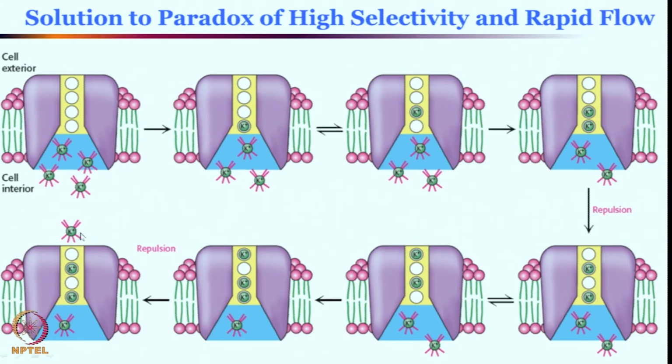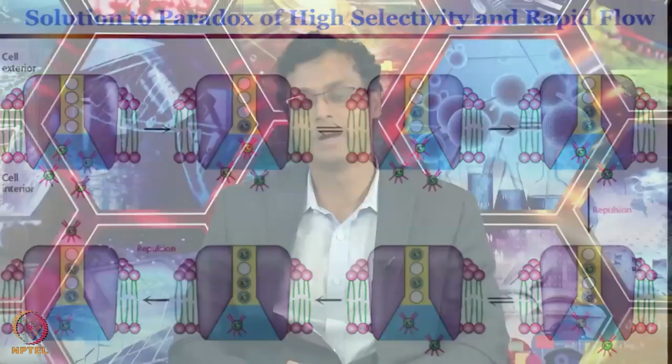So, what you have just seen is nature's beautiful architecture by which a potassium ion not only can be selectively passed through this channel, but ensures that a rapid flow of potassium ion is possible.